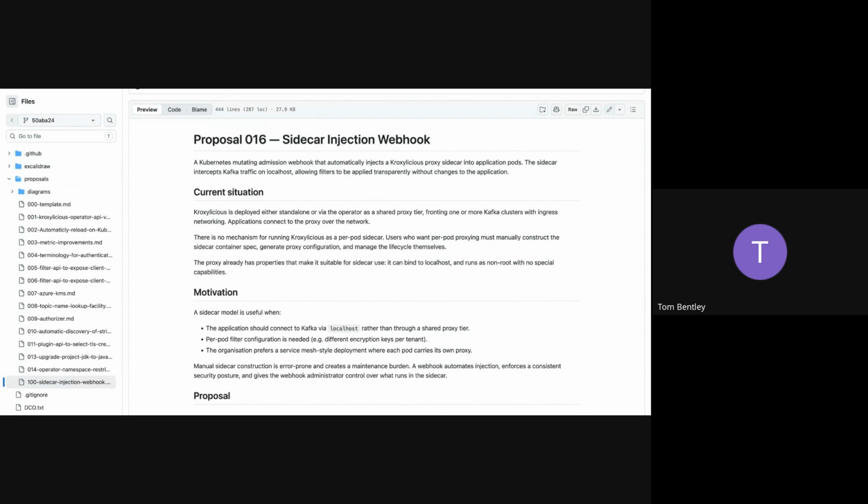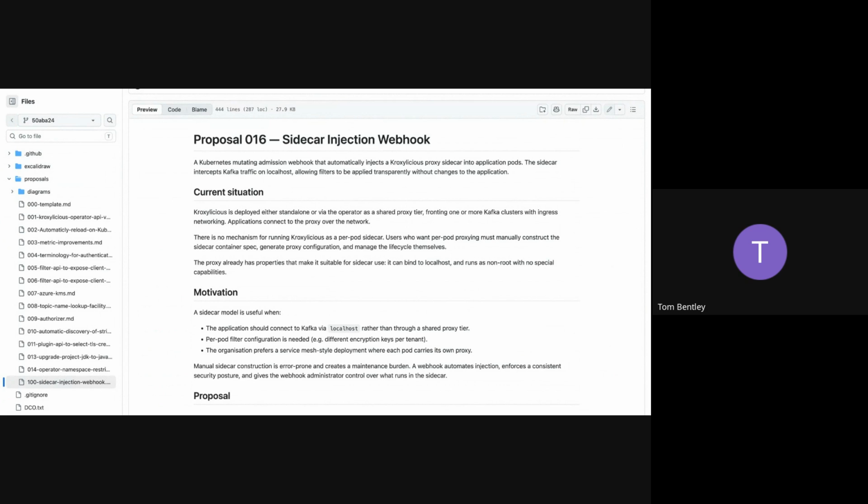Whereas this is quite a different deployment pattern, where we're looking at injecting a proxy on a per-client basis using a pod admission webhook in Kubernetes to mutate the pods as they get created. So it exists within the control plane of the Kubernetes cluster.